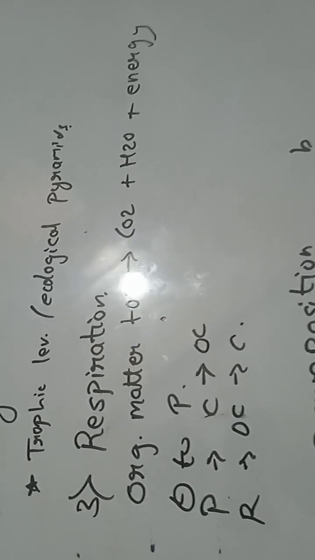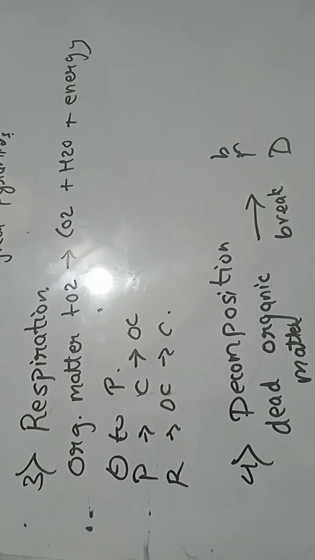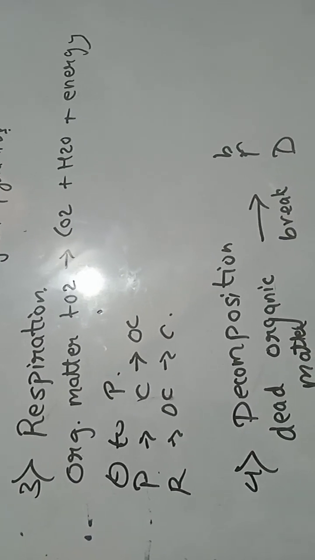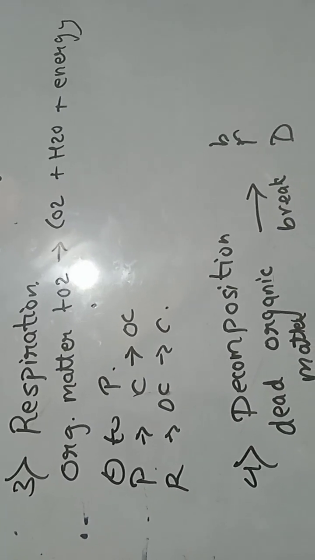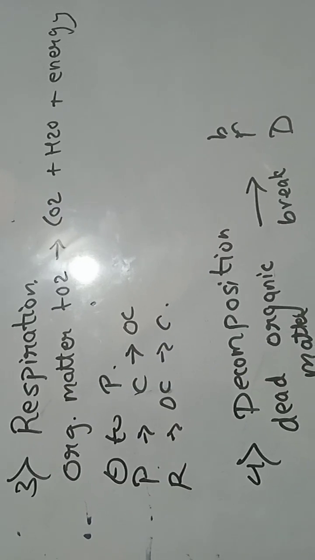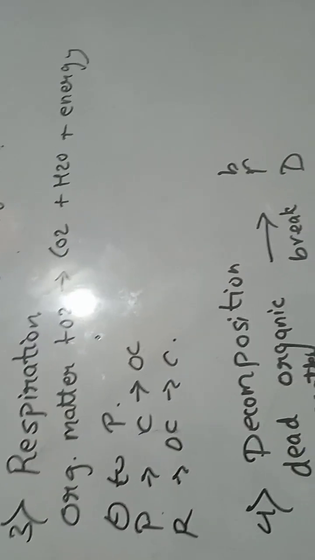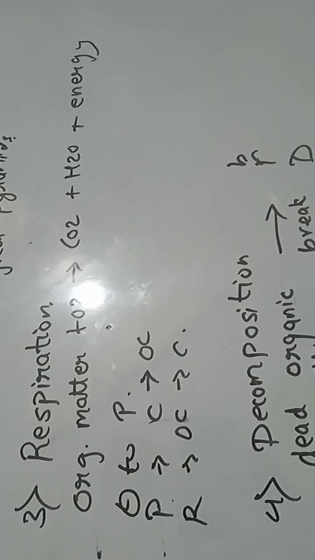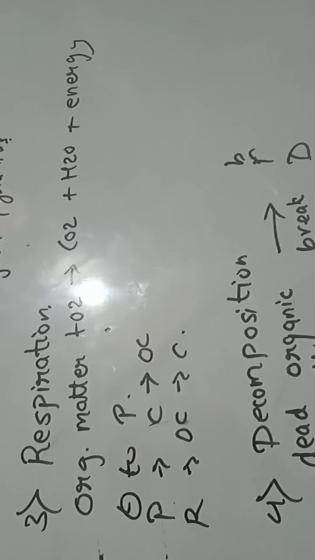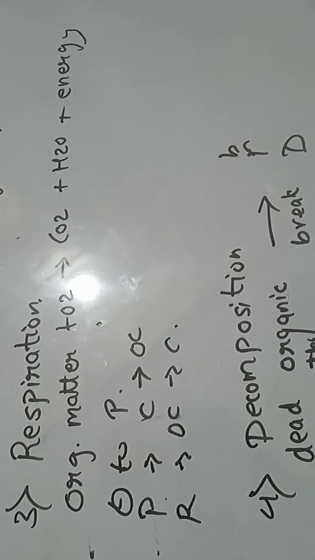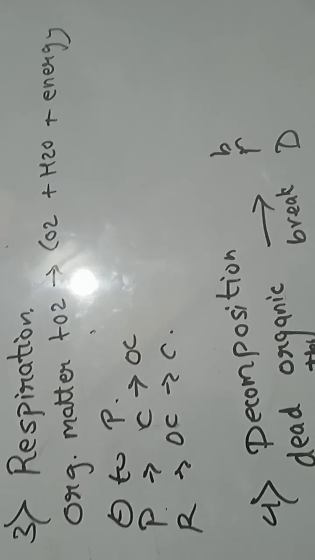Now process number 3 is respiration. Now we have carbon in our food, in organic matter. What we'll do is cellular respiration. And why does cellular respiration take place? To create energy, right?